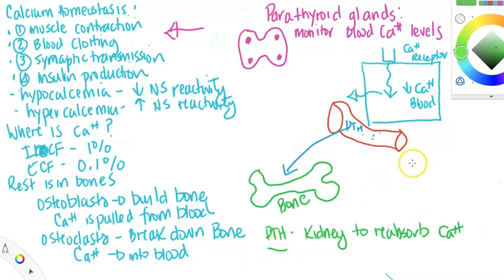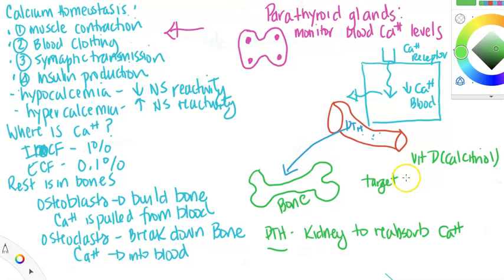PTH also has an effect on vitamin D, also called calcitriol. And vitamin D targets, should I say, because vitamin D is kind of like a hormone.